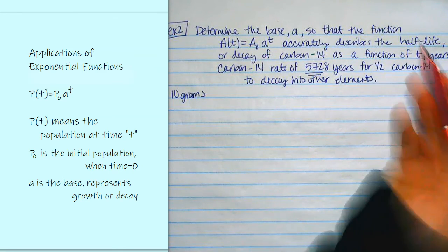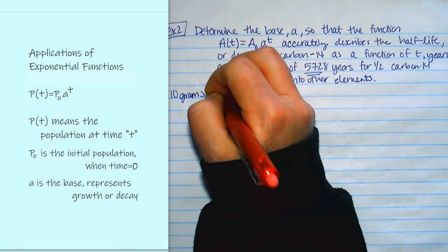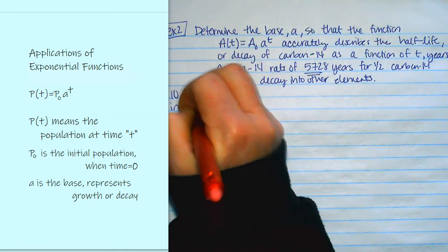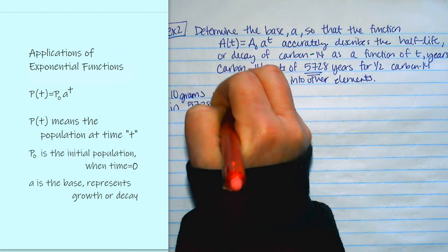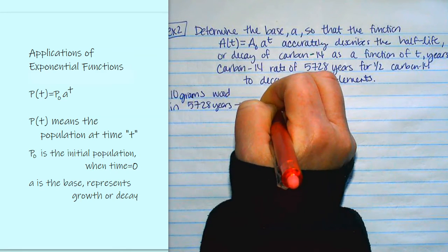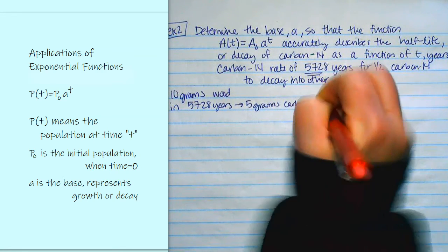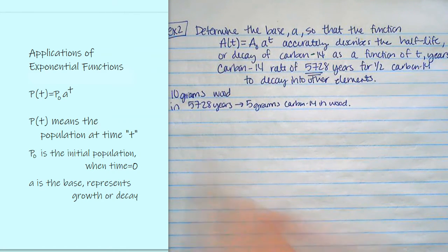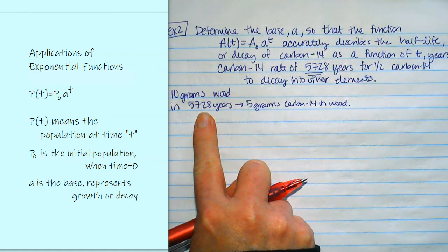We know that if we have 10 grams of wood at the time that something died, then in 5,728 years, we would have 5 grams of carbon-14 in the wood. All right, so that's what half-life means. It goes from 10 to 5, that's half, in this many years.